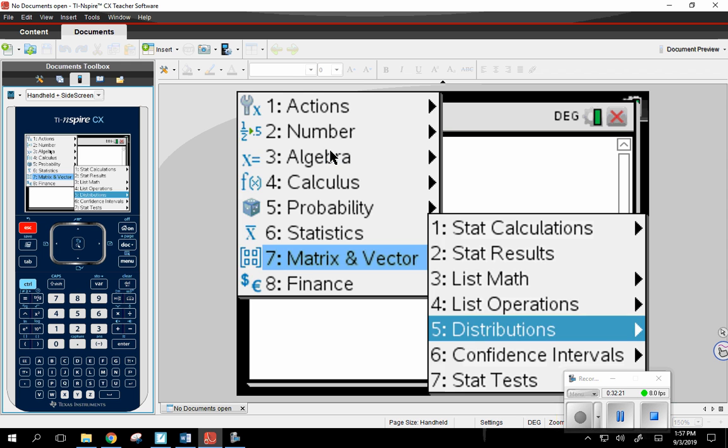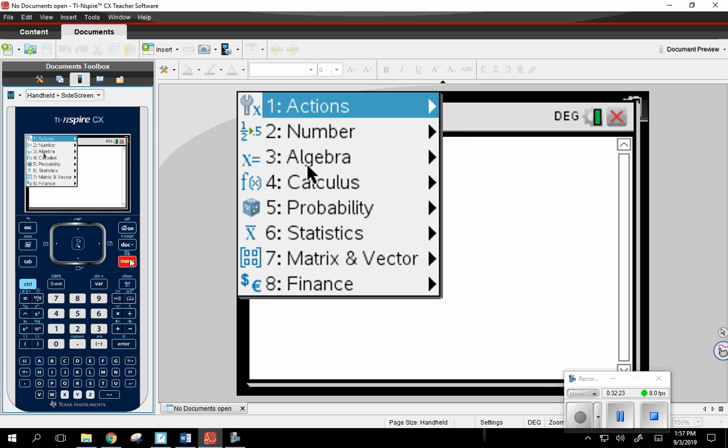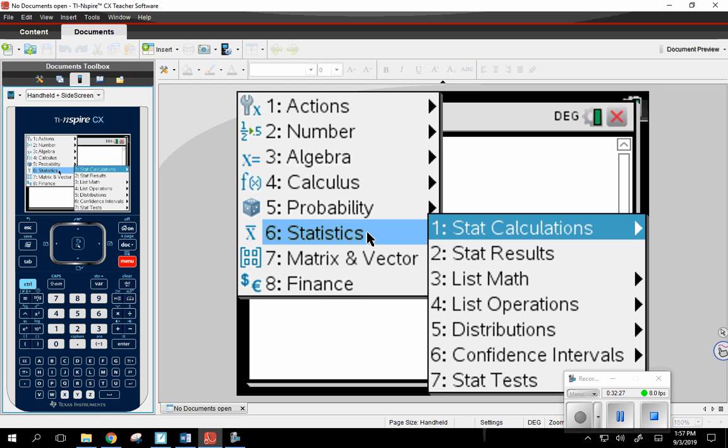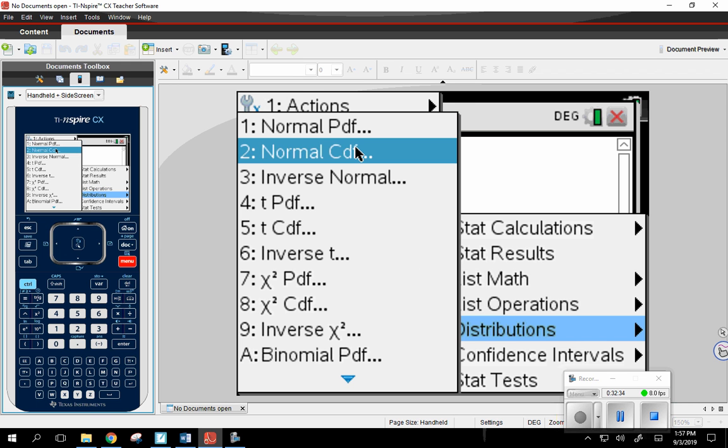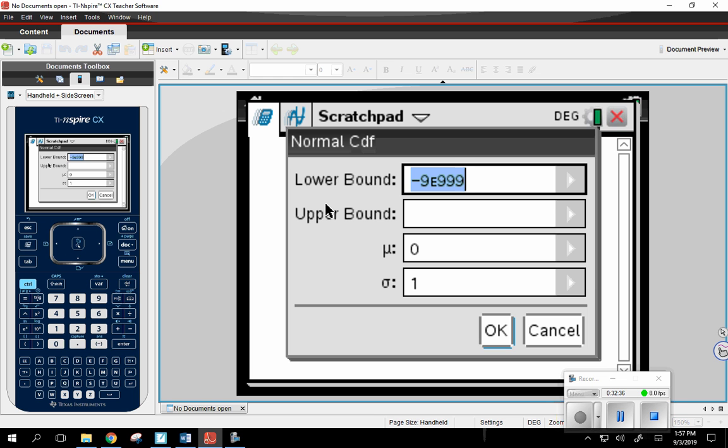Okay, so let me get out of here real fast. Menu, statistics. We have normal distribution, so distributions. PDF or CDF? We want CDF. Now, when you click it, it's going to have 4 little boxes for you to fill in. You've got a lower bound, an upper bound, and then the mean and the standard deviation.